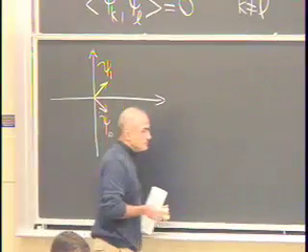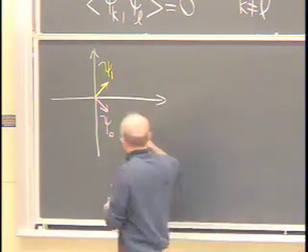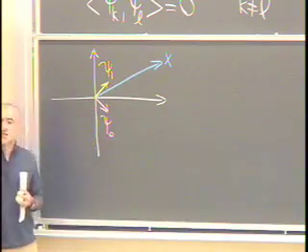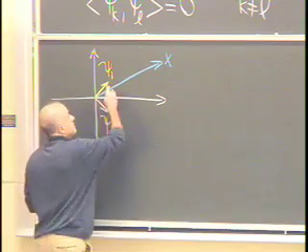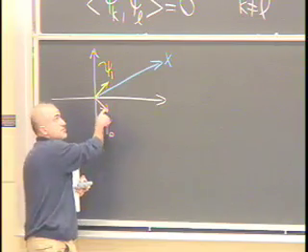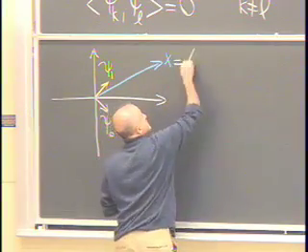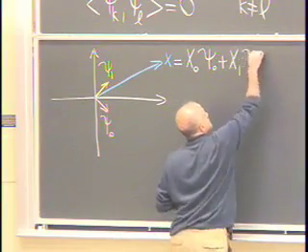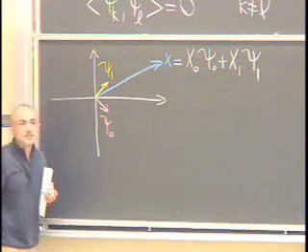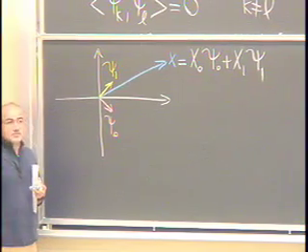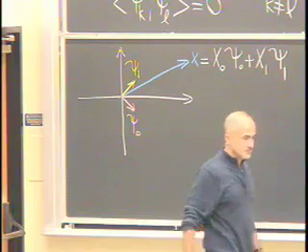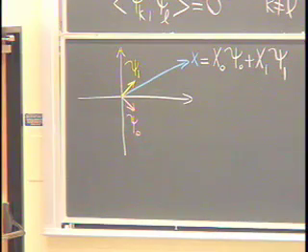And our goal is to represent an arbitrary vector x in that plane in terms of a linear combination of these two. So we want to represent x as x0, c0 plus x1, c1. Well, it's easy to say I want to represent this as a linear combination of these two. The main question is, how do I find those coefficients?